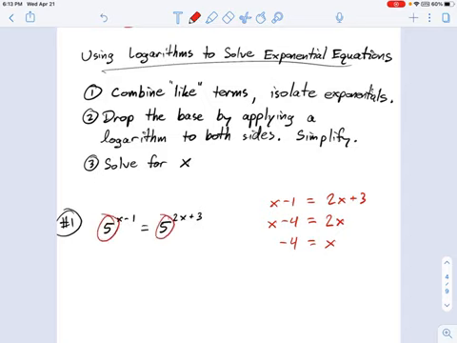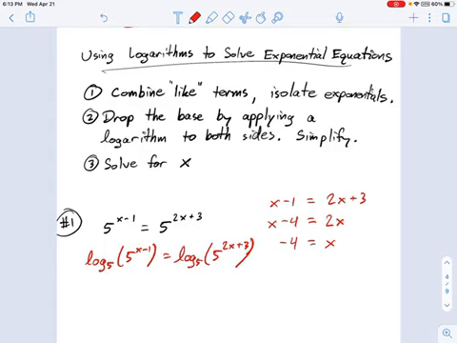The base is 5. So if the base of these equations is 5, I'm just going to use logarithm base 5. So let's go. Logarithm base 5 of 5 to the x minus 1 equals logarithm base 5 of 5 to the 2x plus 3.